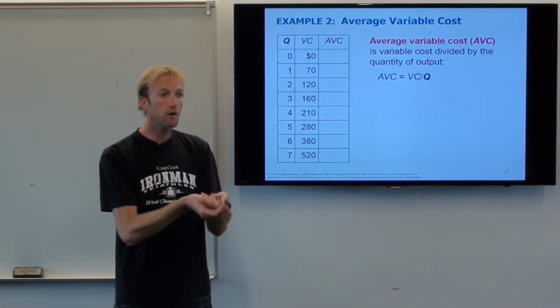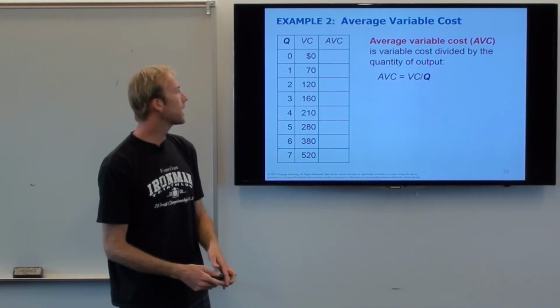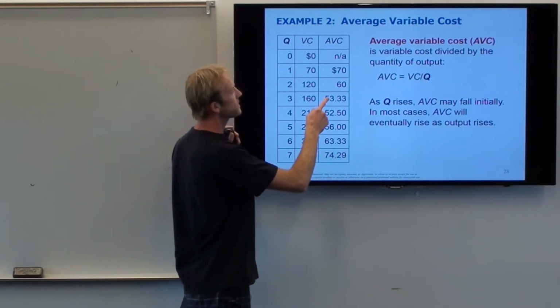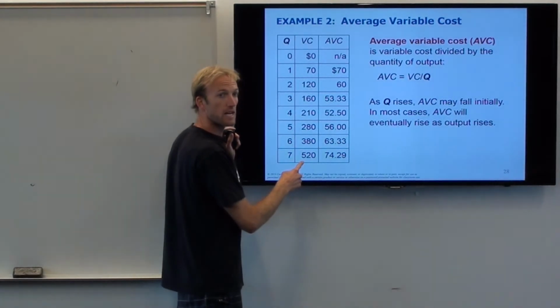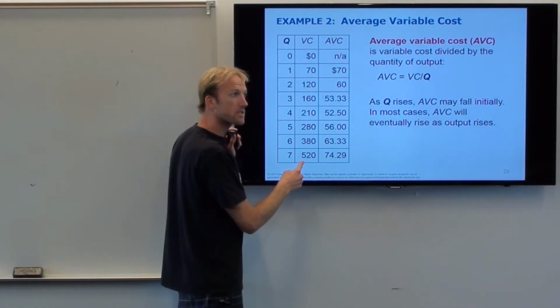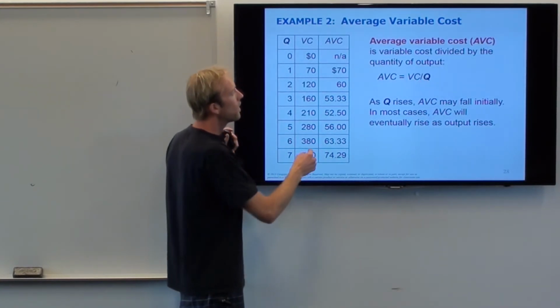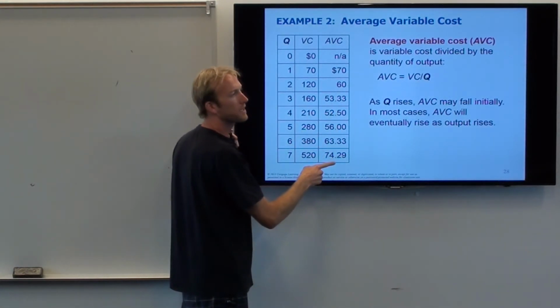The whole variable cost divided by however many tacos you make or how much output you make, okay? And so this guy, as you can see, because the variable cost starts to get out of control. Remember we saw that the variable cost starts to get really, really high because of diminishing marginal product. When I divide it by Q, it might fall initially, but then it starts going up again.